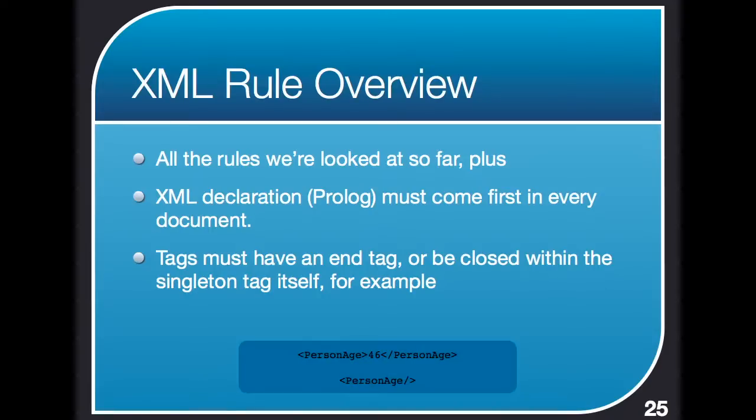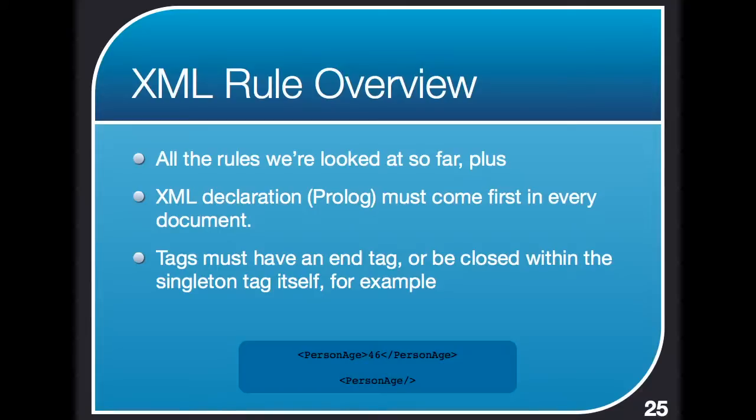Every tag must have an ending tag. So every time you have an opening tag, there needs to be a matching ending tag. Now, there is a shortcut for those cases where you don't have any data for the tag. The tag's existence itself provides the data, or there are just attributes. You can have a tag that has no data in it, but does have attributes. In that case, you can use a shortcut format, and you'll see the example on the slide. You can do person age 46 and then the end person age tag.